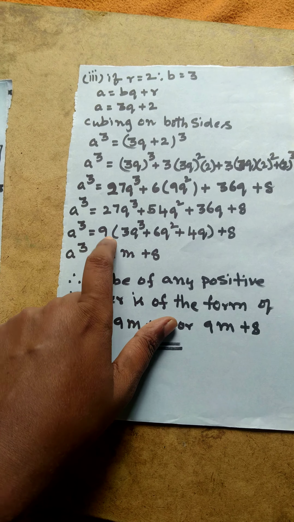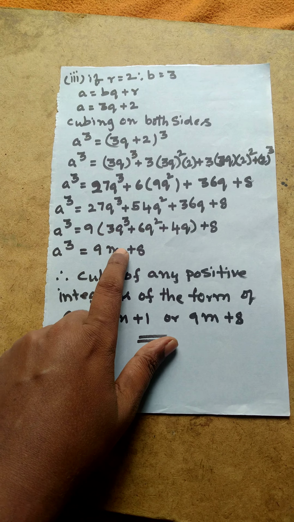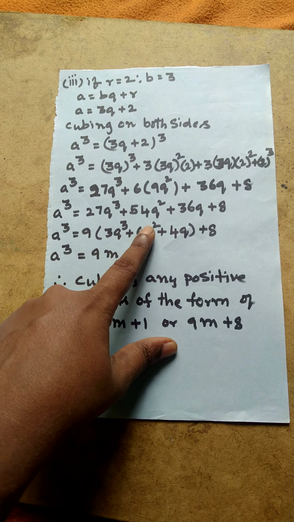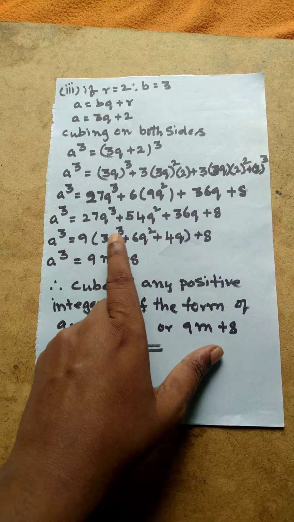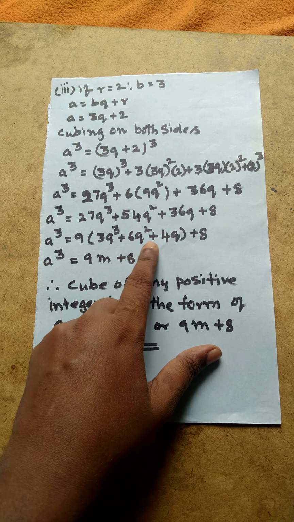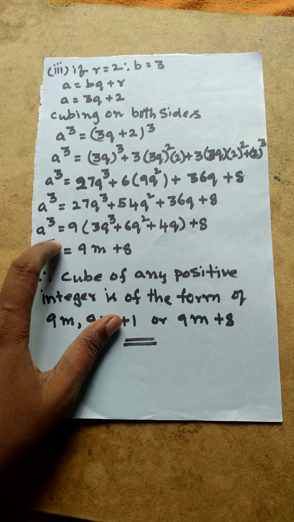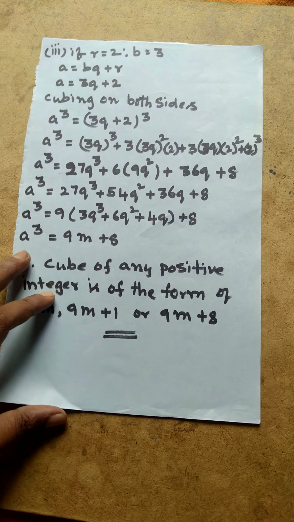Taking 9 as a common factor, we get 9 into 3q cube plus 6q square plus 4q, plus 8. Whatever factor is common in the bracket is considered as m. So a cube equal to 9m plus 8.